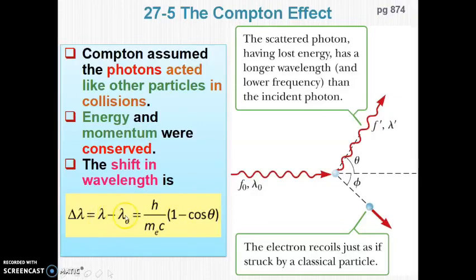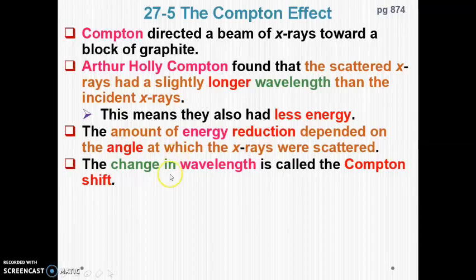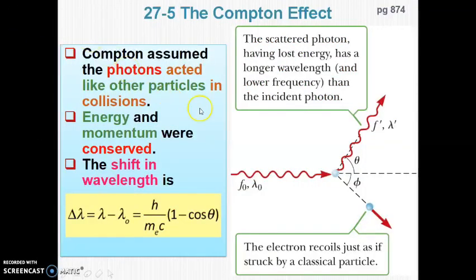So lambda minus lambda naught is the change in the wavelength, and we call it the Compton shift. So your initial f naught, lambda naught, is going to collision.